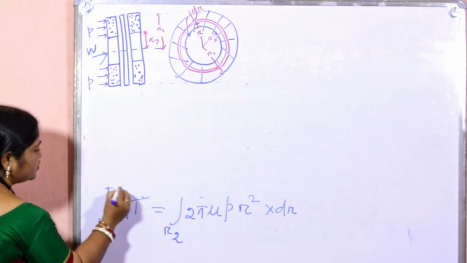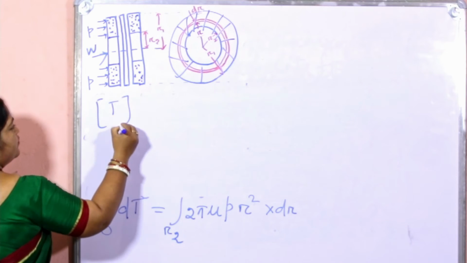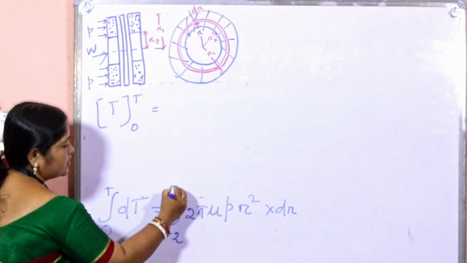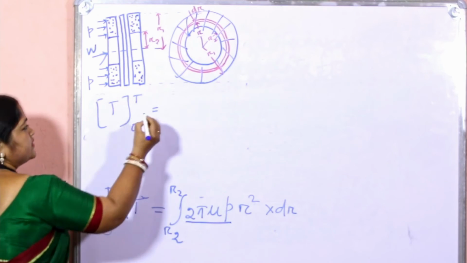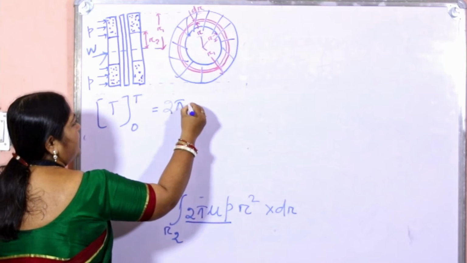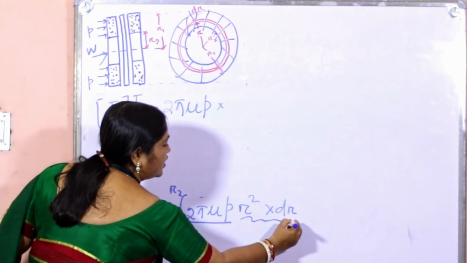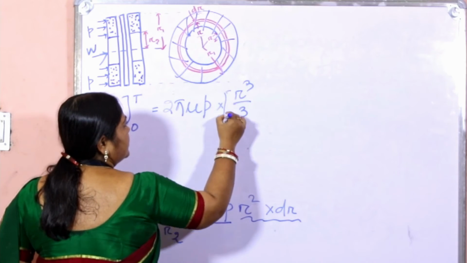So this is from 0 to t, right? So integration of dt is t ranging from 0 to t. Here this is r2. Your constant is 2 pi mu p is a constant. Then integration of r square dr is r cube divided by 3.